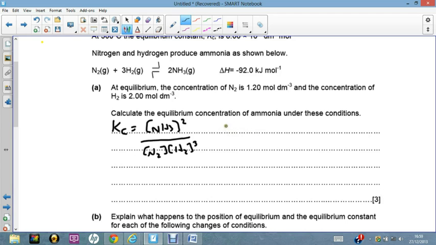Then we're going to need to rearrange this to give us ammonia. So we're going to do Kc times, okay, that would equal NH3 squared, so we're going to square root all of that.